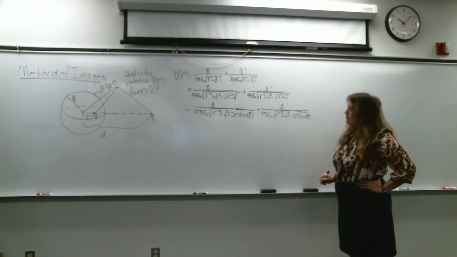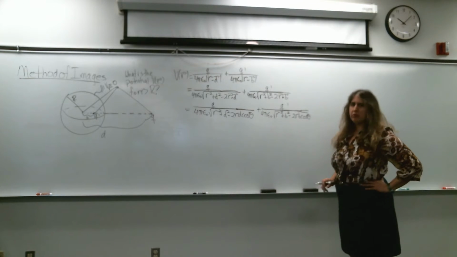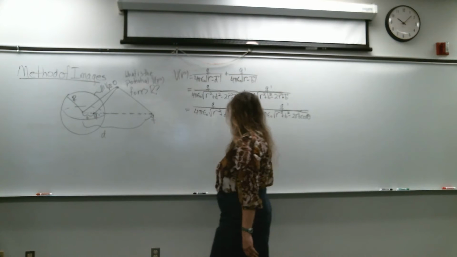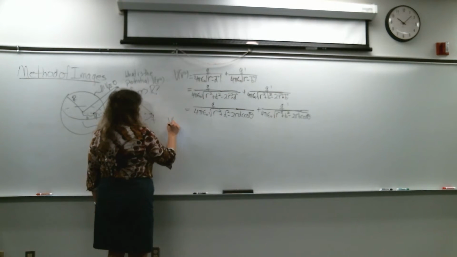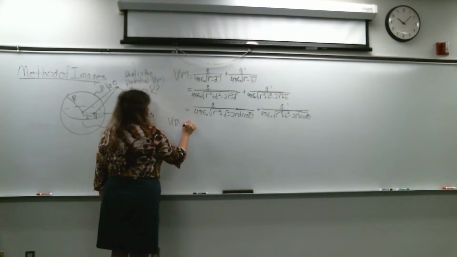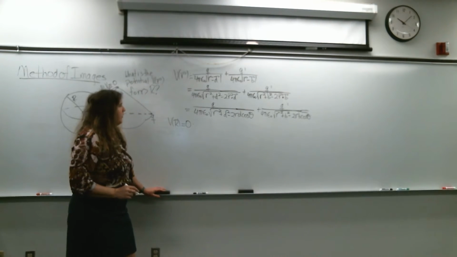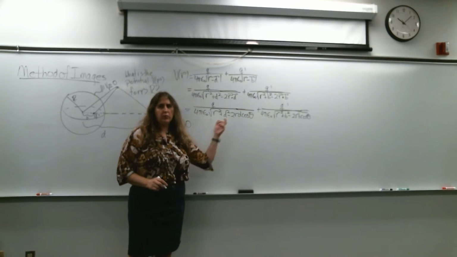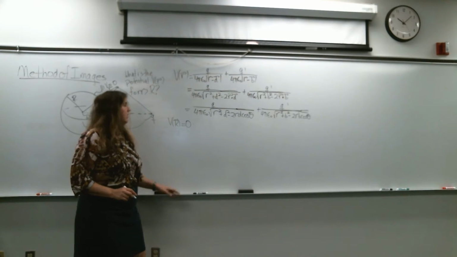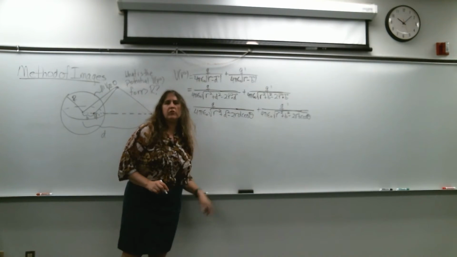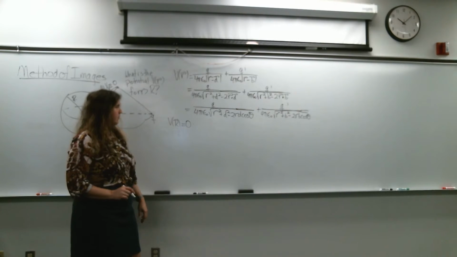Okay, so what next? Well, here's where we're going to apply our boundary condition. We know that V of R is equal to 0. The only way these two terms can possibly cancel each other out is if these radicals are proportional to each other.